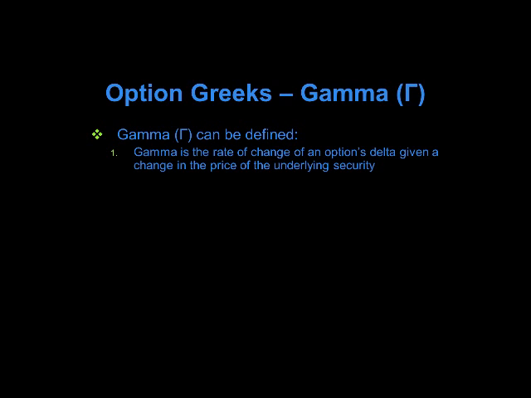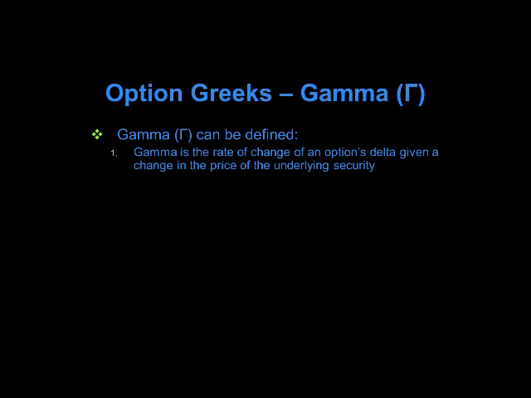How slow are you going? Gamma is the same as saying, how fast is that car from 0 to 60? What's the acceleration rate? How fast is it going to push you back in the seat? So gamma, for lack of a better way of describing it, basically says, how fast will this sucker accelerate? And the speed of acceleration is what drives delta, which drives the price of the option.